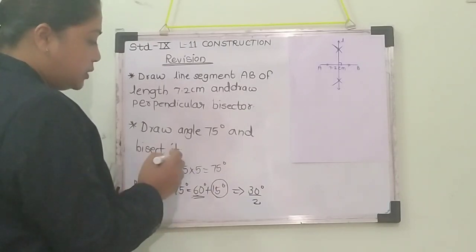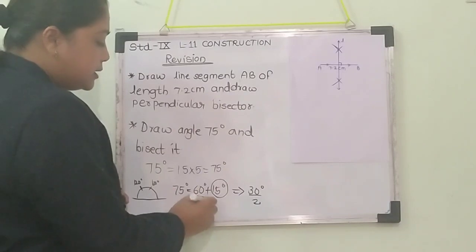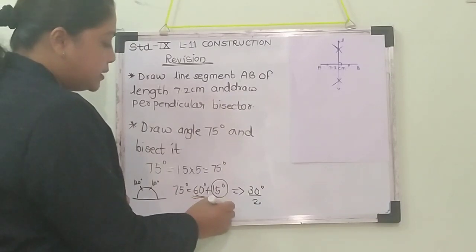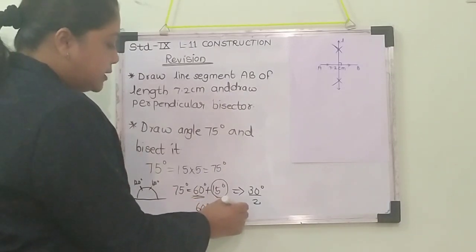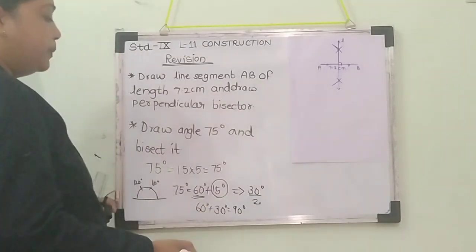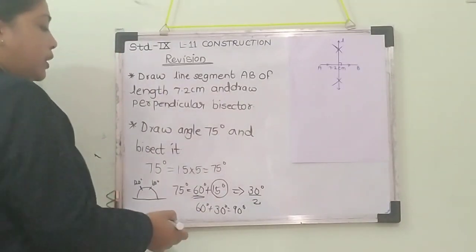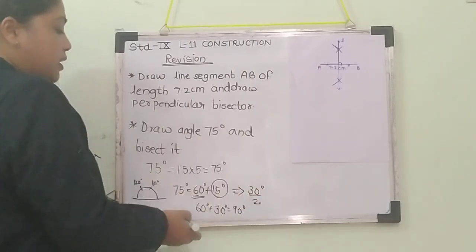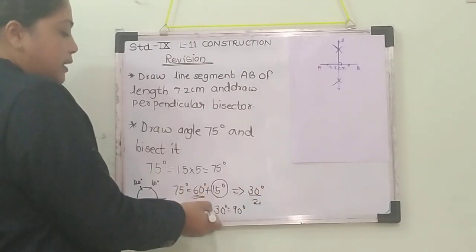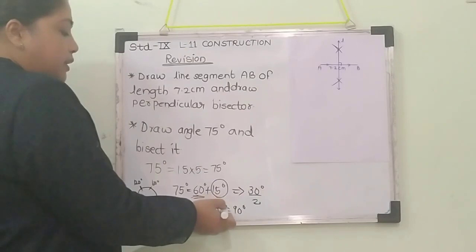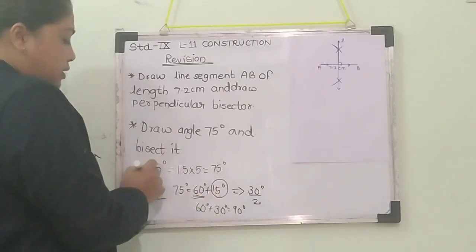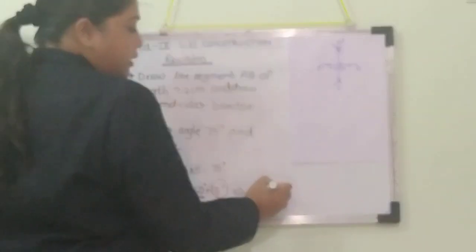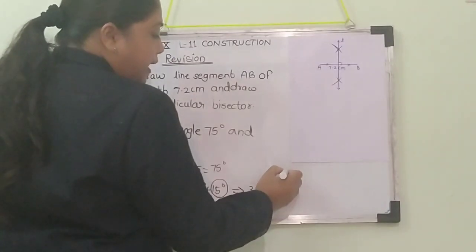So first we add 60 degrees plus 30 degrees, that is 90 degrees. Because here 15 is the half of 30 degrees, we add 60 plus 30 and get 90 degrees. So first we have to draw the 90 degree angle.